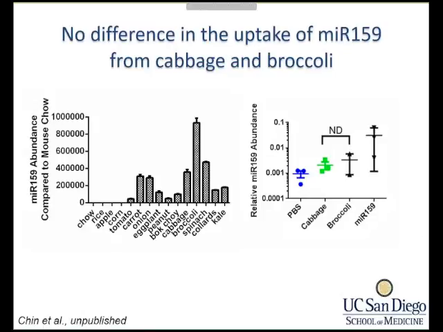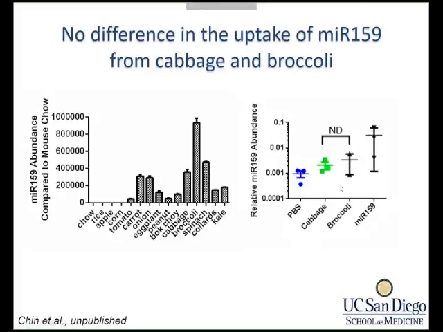And also, here is part of the negative data I was talking about. We chose broccoli as our high miR-159 diet, and cabbage as our low or mid-level miR-159 diet. So we used the puree of the vegetable to feed mice for a long time.